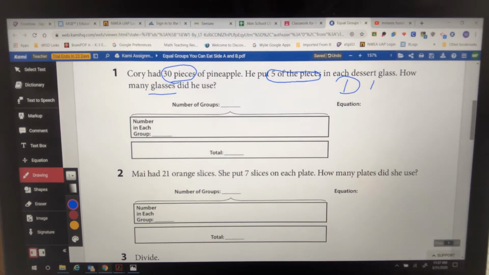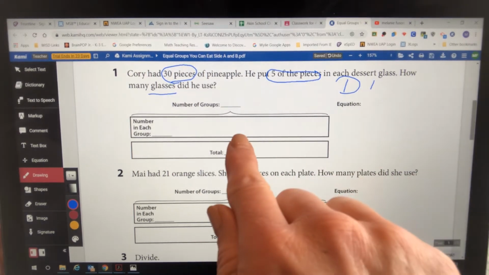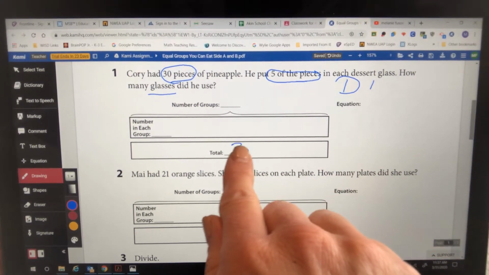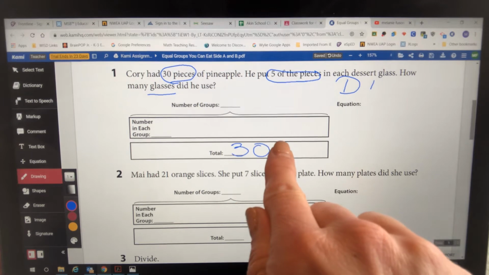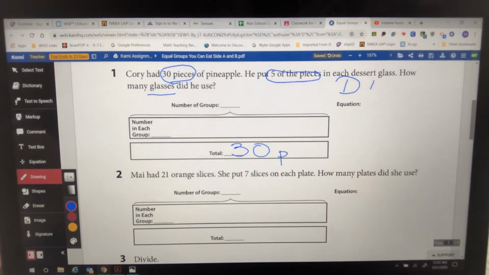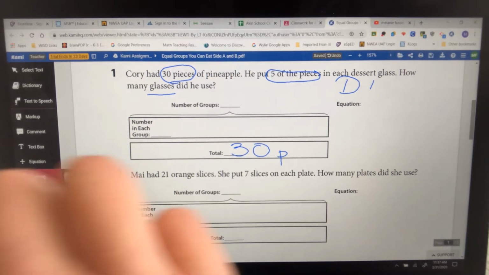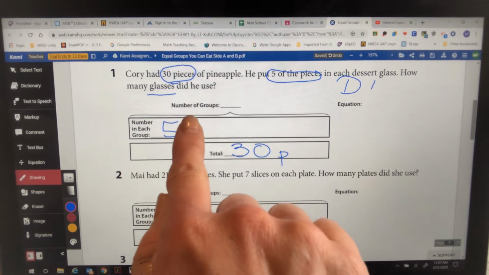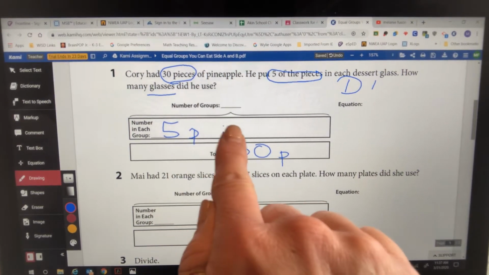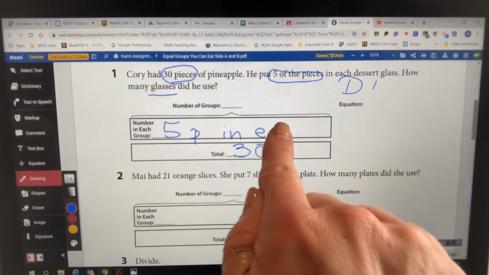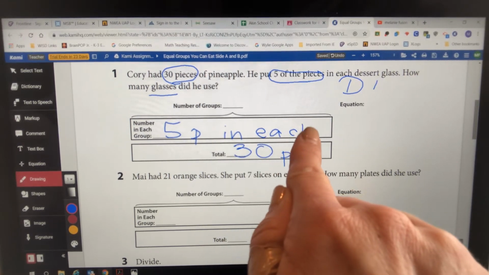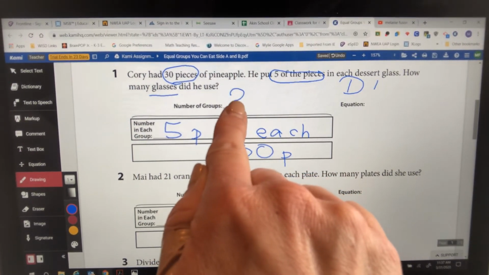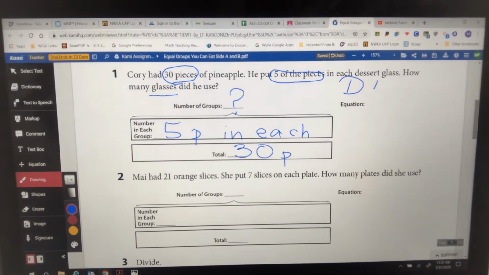And we're going to go through and put this information on here. So we're talking about pineapple, and we know that the total amount that he has is 30 pieces. I'm going to put 30 P for pieces. Now, the story tells us that he puts 5 pieces in each glass, so I'm going to put 5 P for pieces in each. And then we are looking for the number of groups, which is how many glasses did he use.